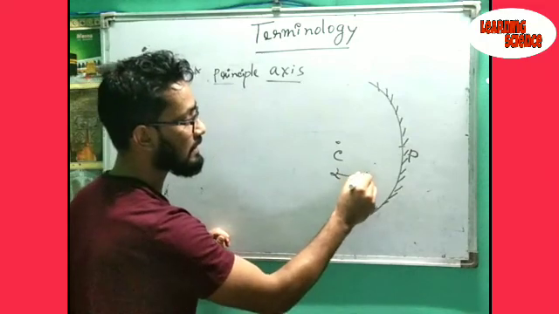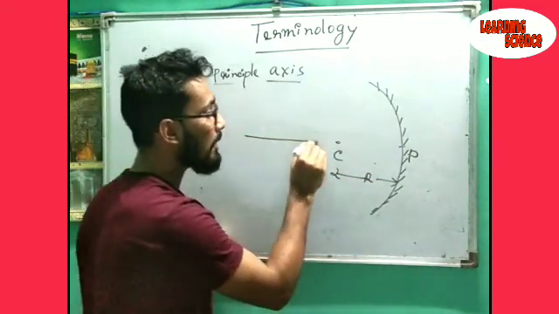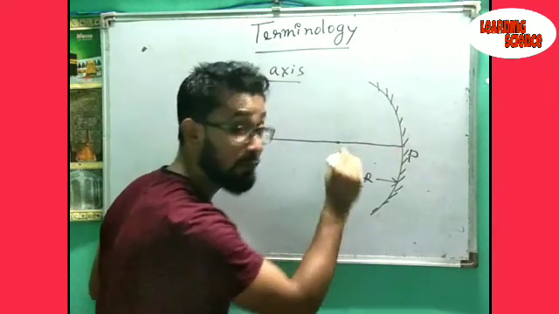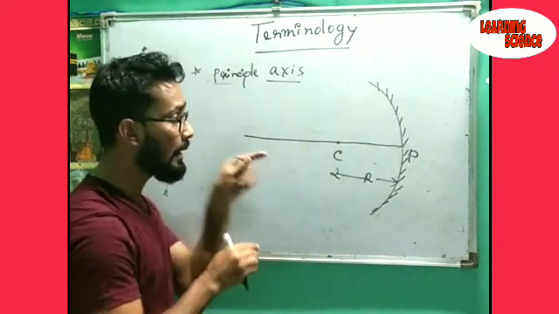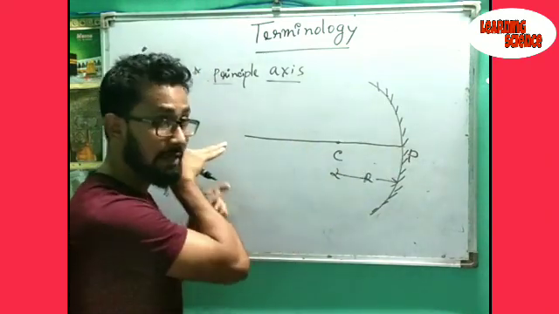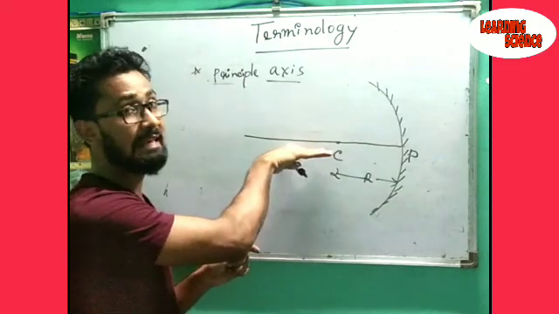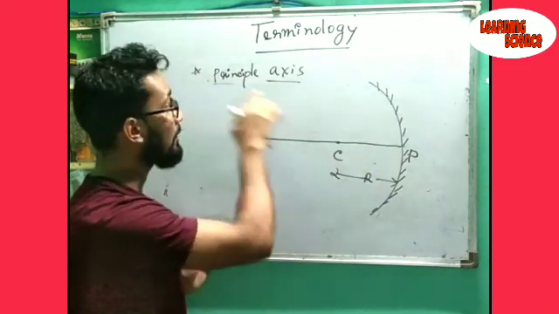This distance is our radius of curvature. An imaginary line, not an actual line, passes through the center of curvature up to the pole. This imaginary line is called the principal axis.